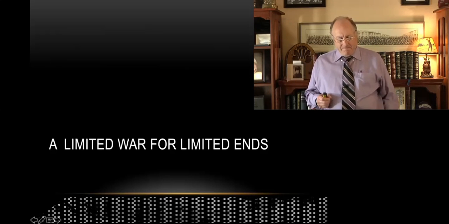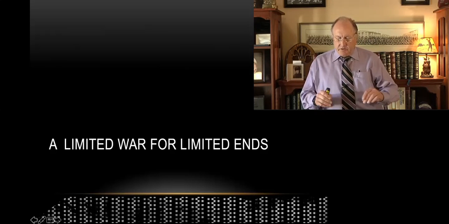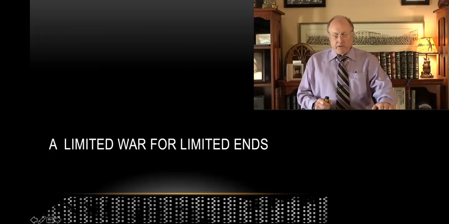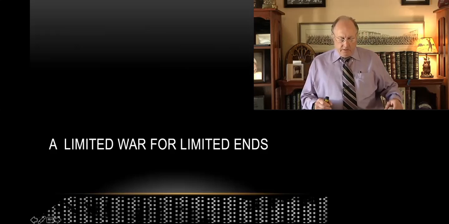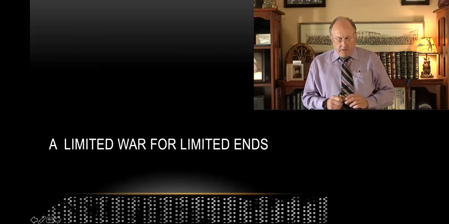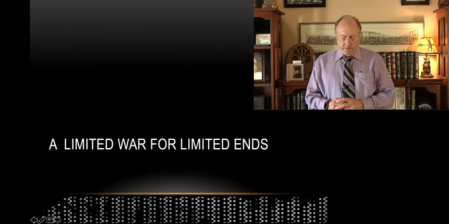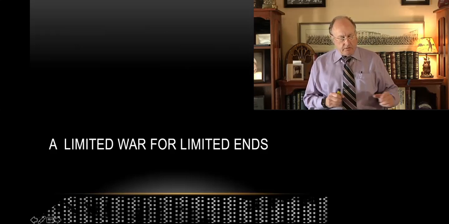Well, good morning. Today's lecture is on the opening year or so of the Civil War. The title is A War for Limited Ends, from the first battle of Bull Run to the Battle of Shiloh.